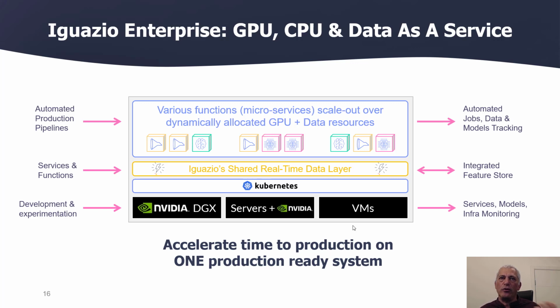This is really where we shuffle all the data. We move data around between those microservices. We scale out the access to the data using that fast data layer that can provide different data services like file and object and key value and so on. And then you just schedule workloads on top of that shared cluster.